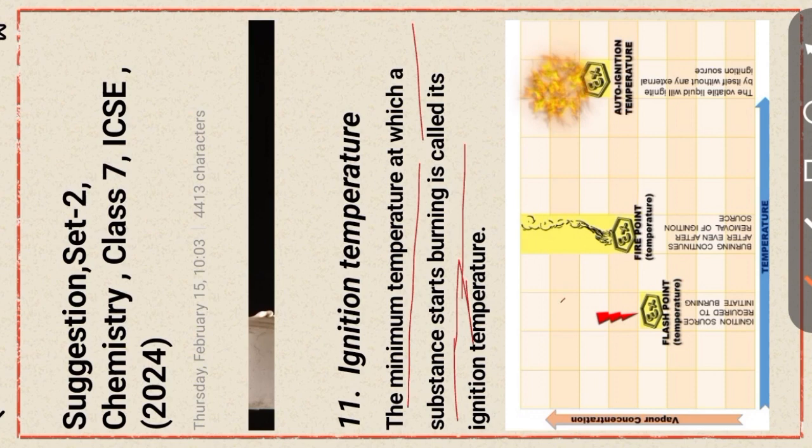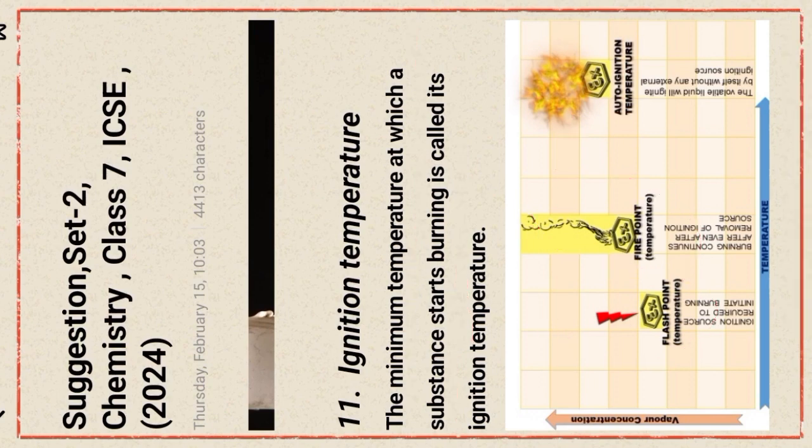So in the picture, at first there is no burning; as the temperature increases, at a certain temperature the burning begins. Okay, this is one type of chemical reaction. Clear? This temperature is called the ignition temperature.